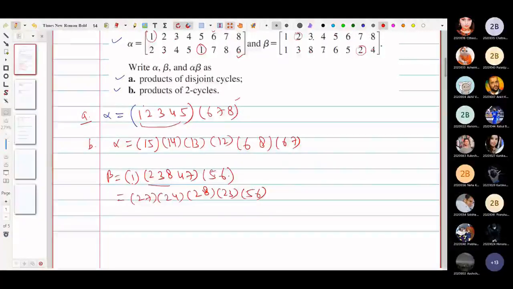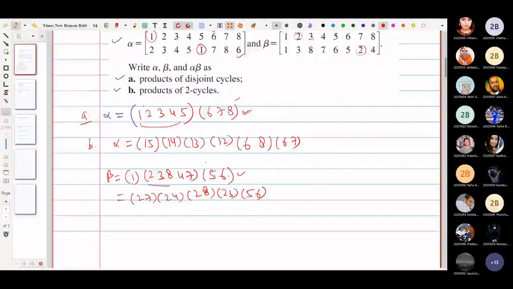And similarly you can find the product of alpha and beta, and then write it as a product of disjoint cycles. Of course this is easy once you have written them like this, but the thing is that you may get some symbols common in these two. It is not that alpha is a disjoint cycle and beta is also a disjoint cycle, and you multiply these two to get the disjoint cycle representation of alpha and beta.